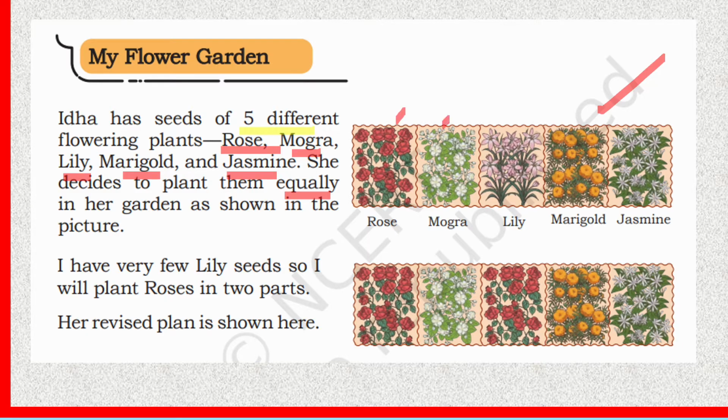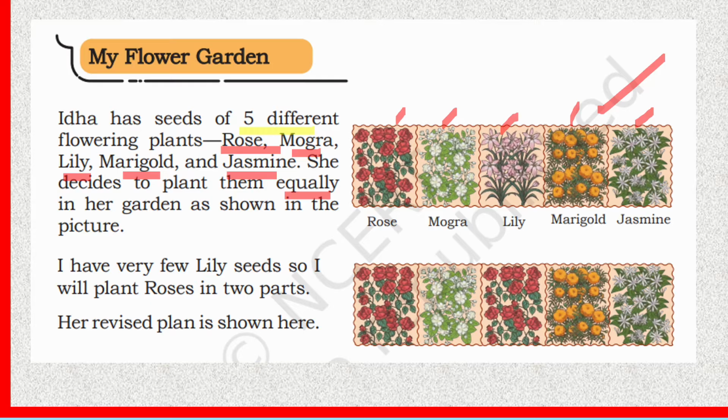See 1, 2, 3, 4, 5. She decided to plant each type of flower in one part. See, in the first part rose, second part mogra, then in the third part lily, in the fourth part marigold, and in the fifth part jasmine.